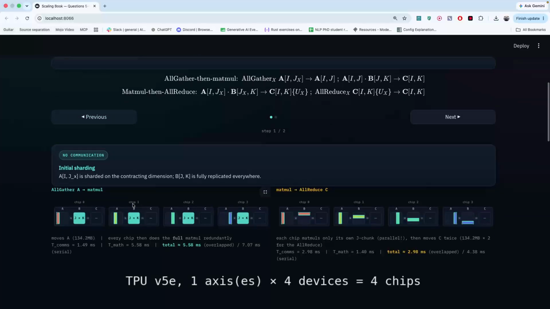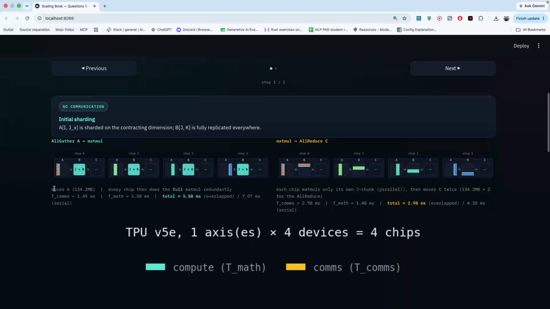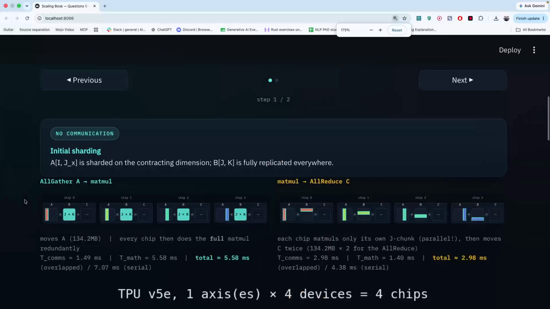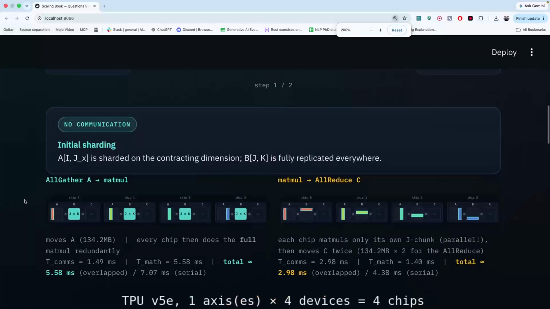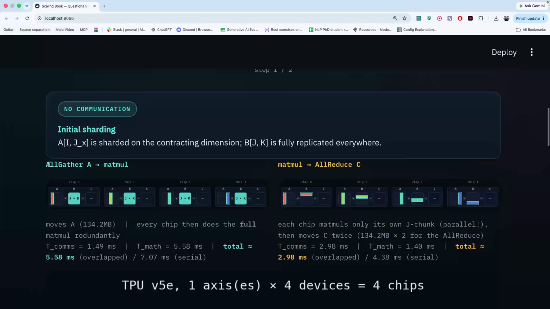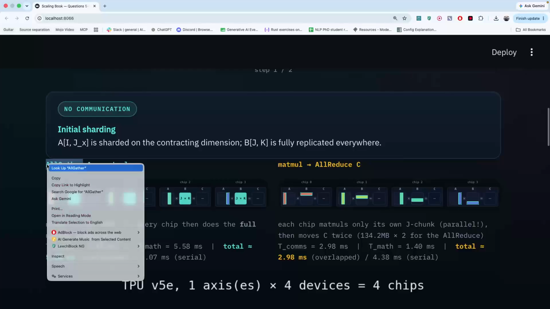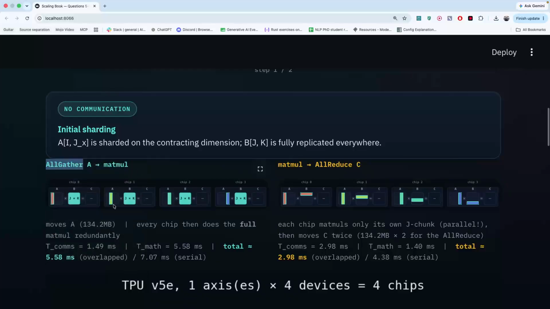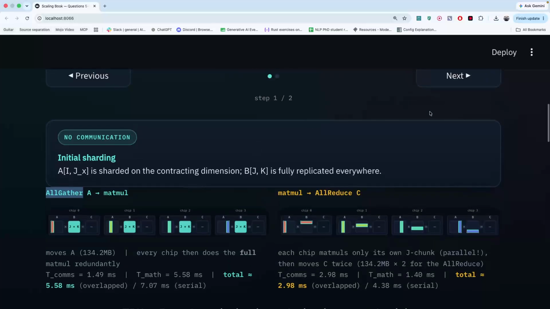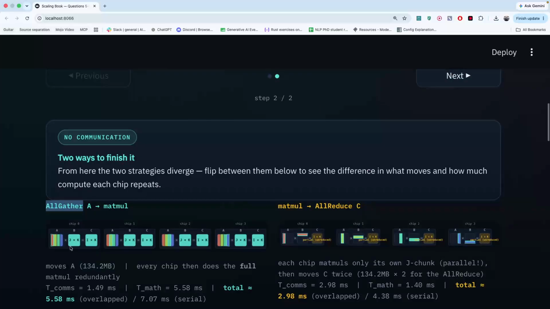Here you can see the first strategy that is described: you do an all gather across the chips and then you do a matmul. So first you have to do communication and then computation.